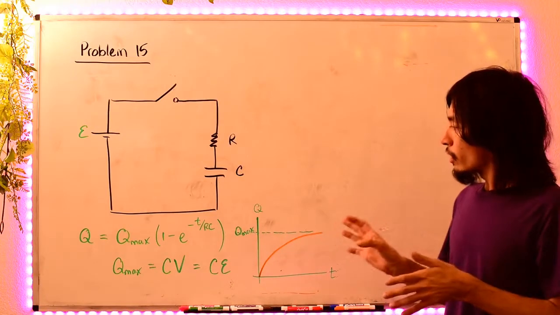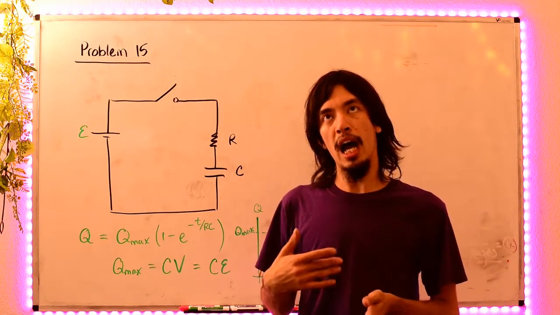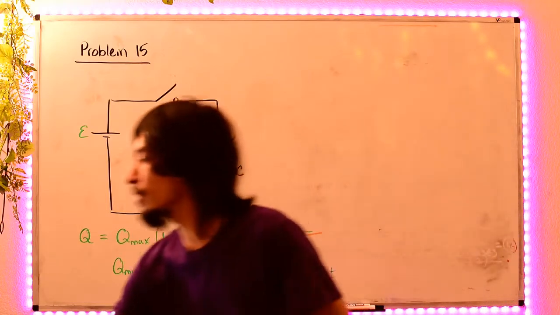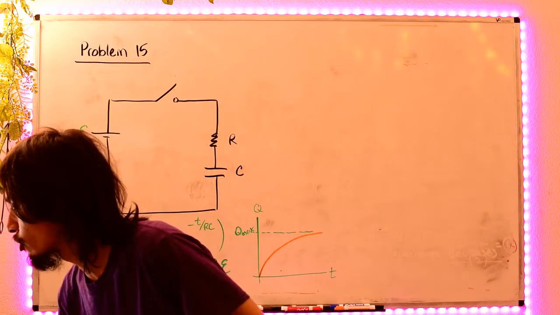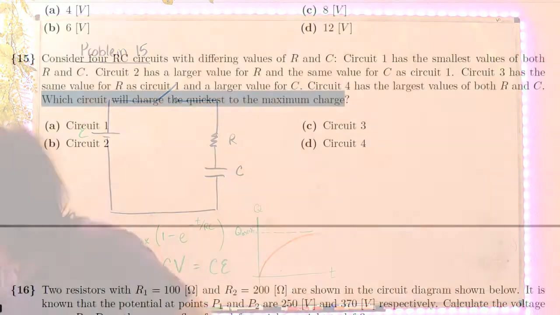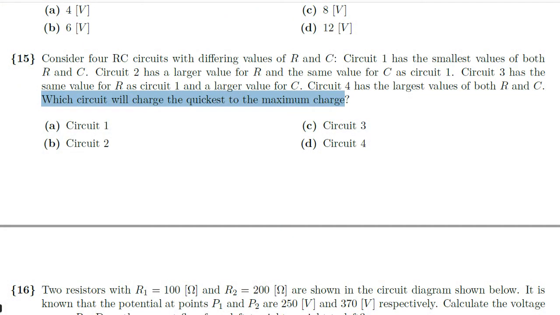Now, this is good to understand conceptually. Now, in better relevance to the problem, I asked you the question specifically in here, so let's take a look at this question. The question is specifically, which circuit will charge the quickest to the maximum charge? Remember that each of the 4 circuits I gave you relates to the values of R and C, so it has to do with how fast it charges up.